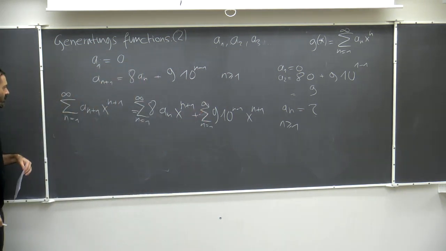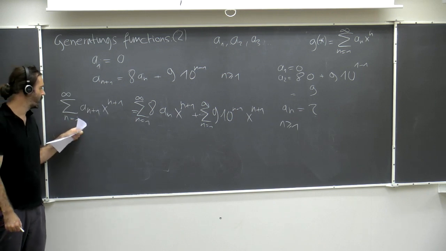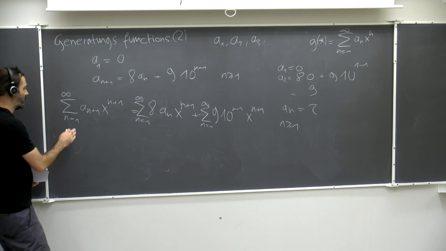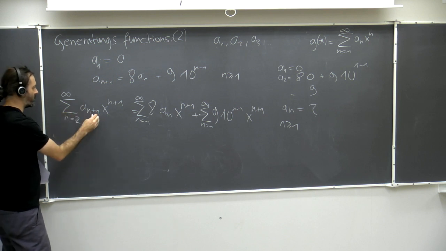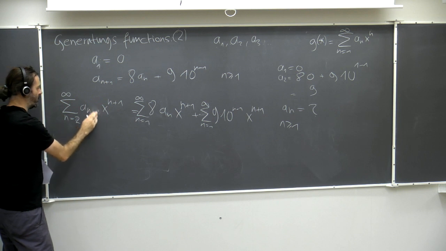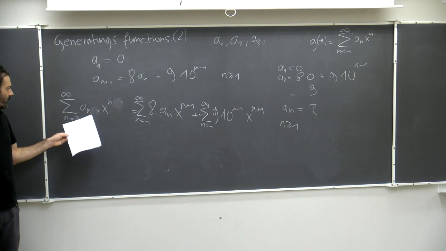Okay, nice. That's a bit awkward that we have n plus 1s here and our sum starts at 1. Let's fix this by starting the sum at 2. We're starting one step later and we have to correct. And we get a sum over a_n times x to the power n.